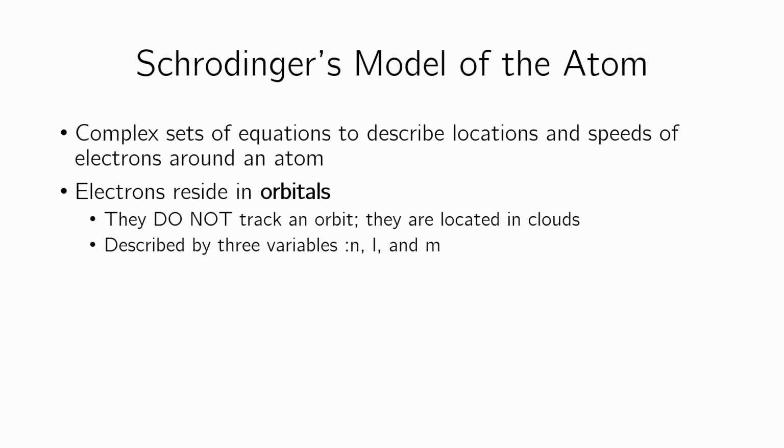Let's move on and see what the final version of an atom is, which is the Schrodinger's model of the atom. Again, if you take quantum mechanics, you will spend quite a bit of time on the mathematics behind that. That involves differential equations and vector calculus that many of you may have not taken.